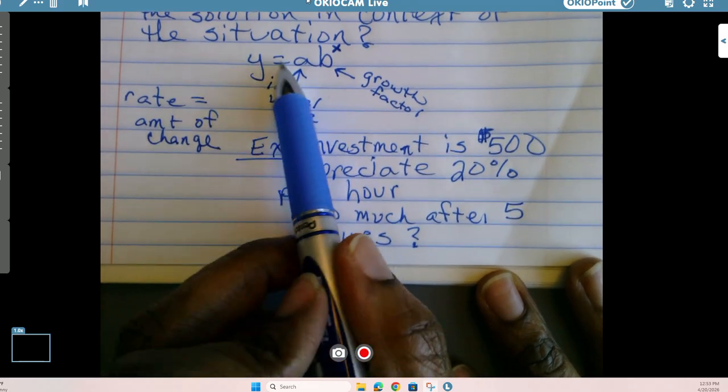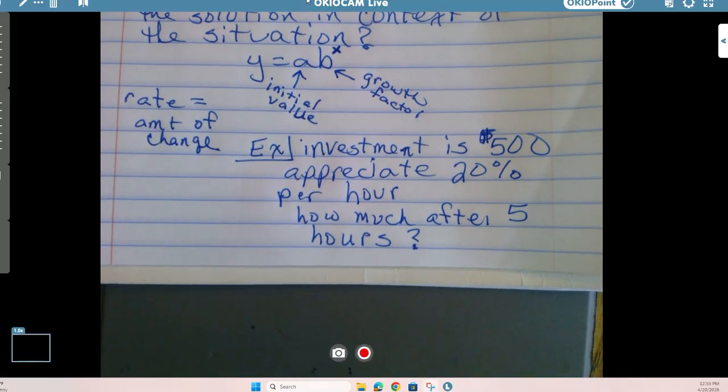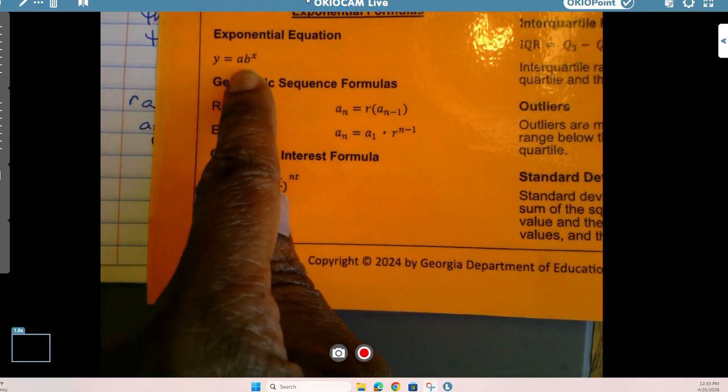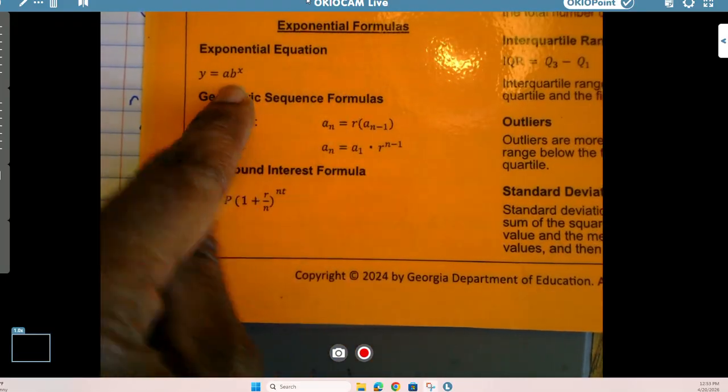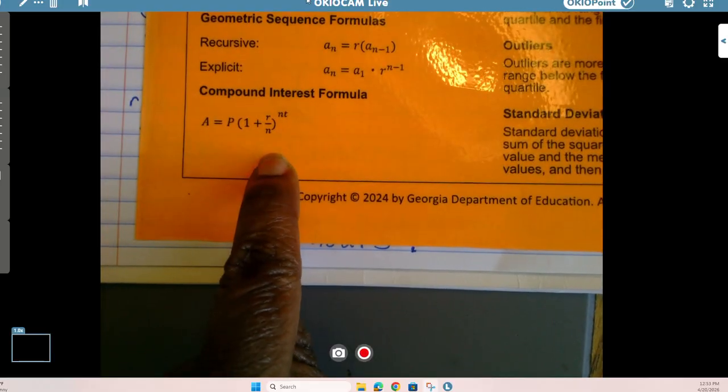Here's the equation. Y equals A times B to the X. If you get lost on the EOC, you can open that formula sheet and you'll find exponential functions right here. Today we're going to see this one, and we're also going to see the compound interest.